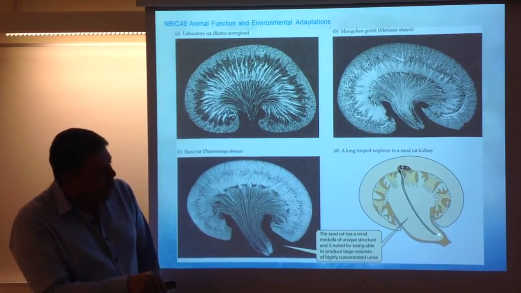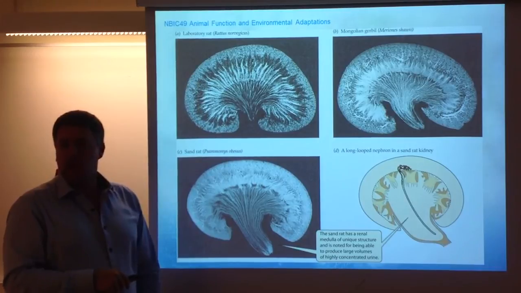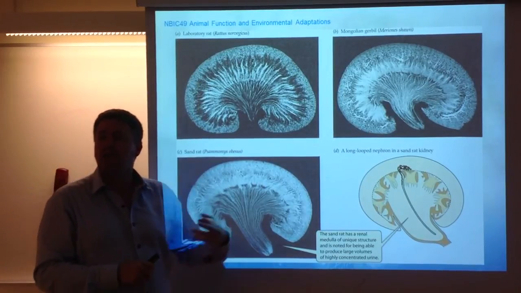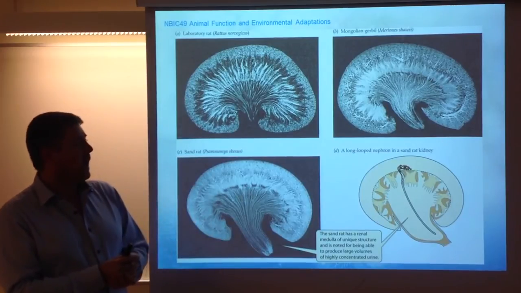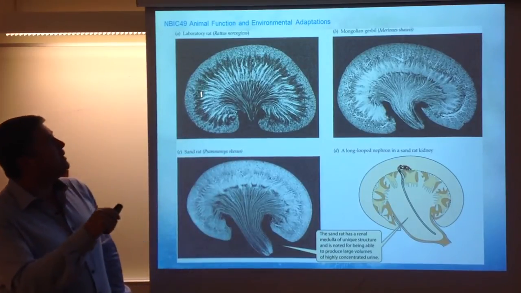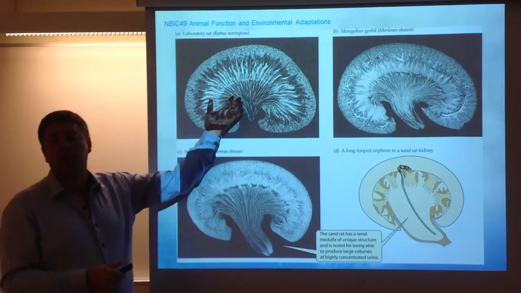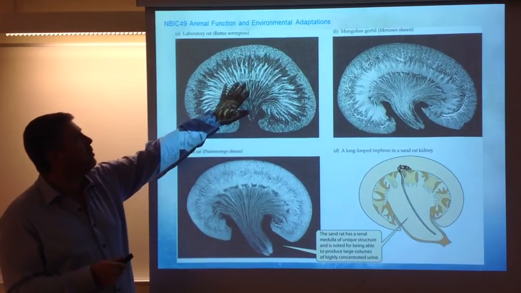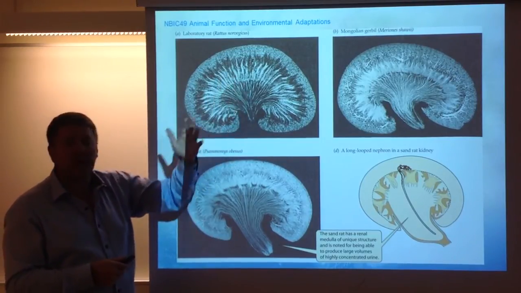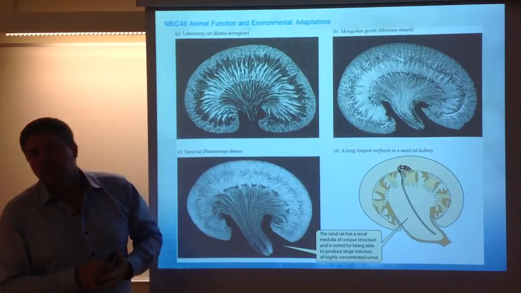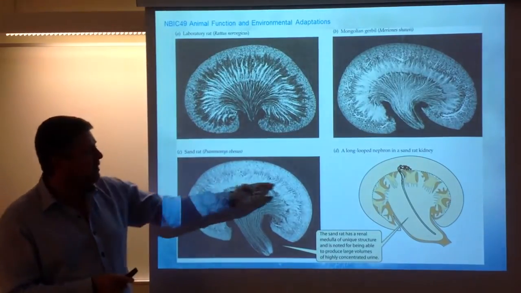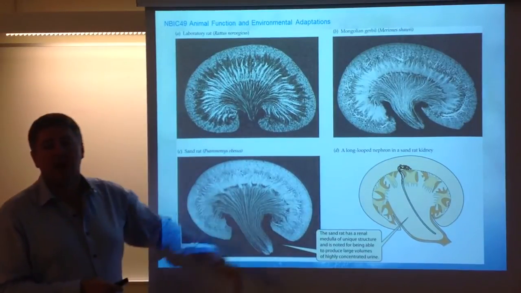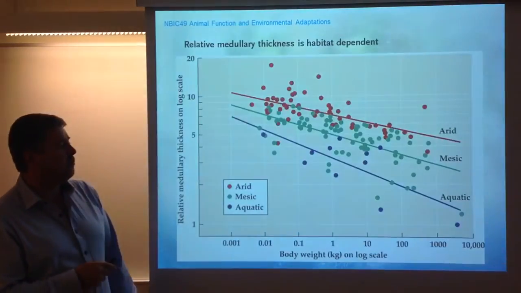This is an extremely long loop of Henle that will allow this animal to produce a very highly concentrated urine. Unlike in the common rat, where it can concentrate the urine much less. Basically, it's considered that a laboratory rat can concentrate the urine, still much more than humans, up to 3000 milliosmoles, but these animals can go to 6000 and even 8000 milliosmoles.